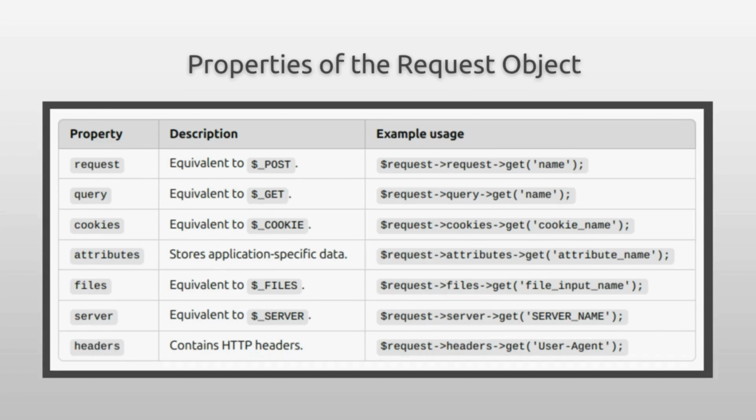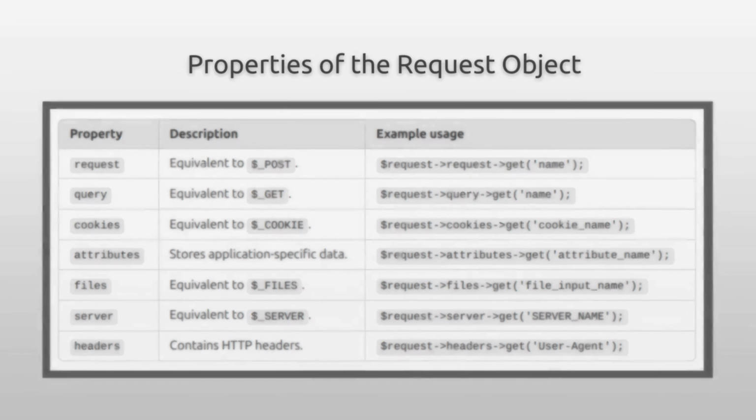It separates the data into several categories, such as form parameters, request, URL parameters, query, cookies, files, and headers. This data is stored in specialized classes called ParameterBag, which provide methods to access and manipulate the parameters.